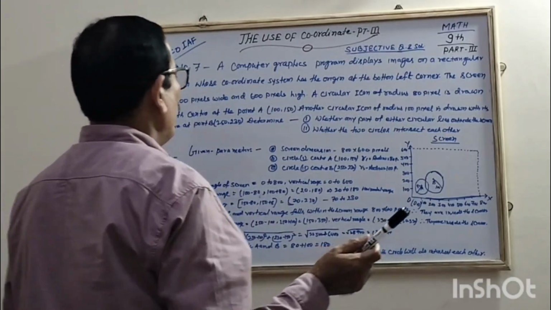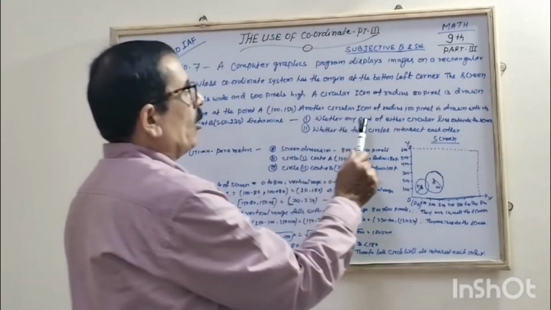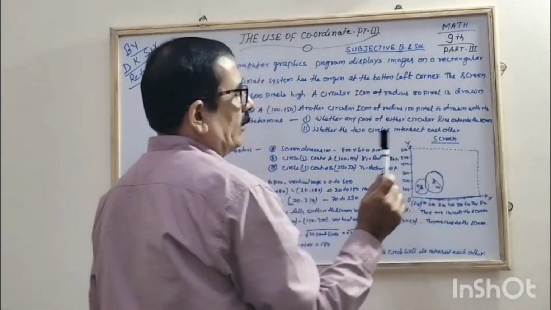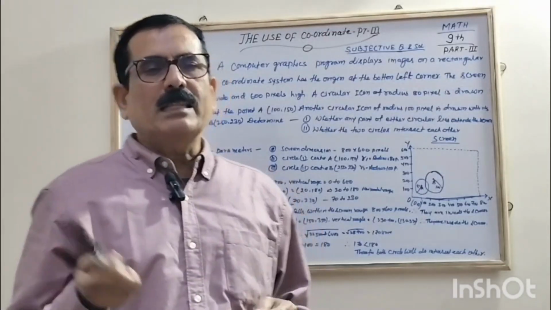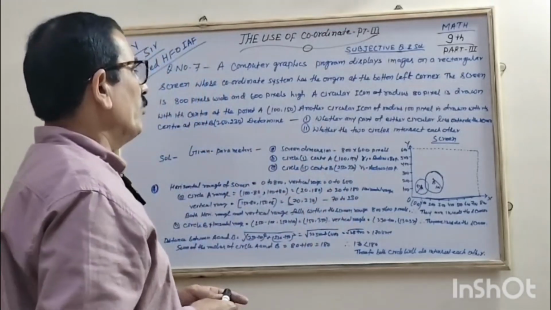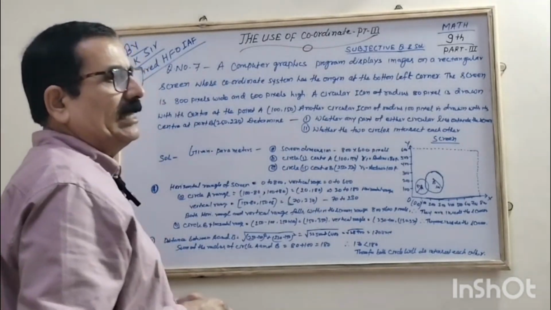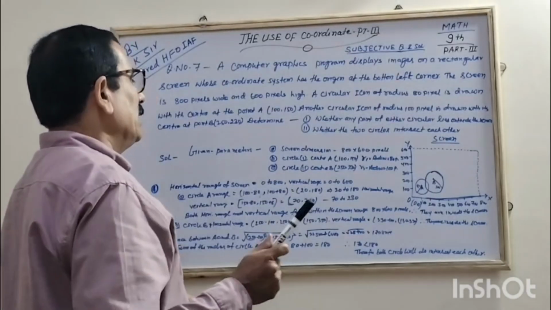Then we have to determine whether any part of either circular icon lies outside the rectangular screen first. Second, whether the two circles intersect each other, whether they touch. We will see them one by one.